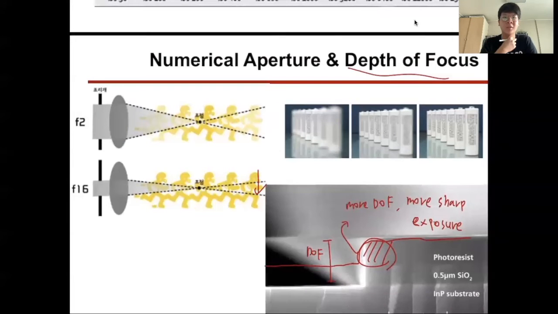However, the intensity of light gets smaller. The advantage of having more depth of focus is that we can expose the photoresist more sharply. So having more depth of focus is very important.